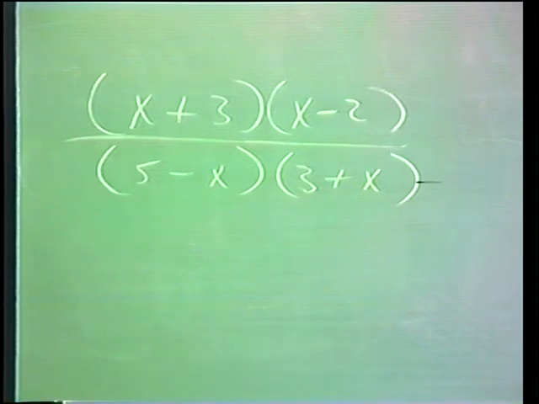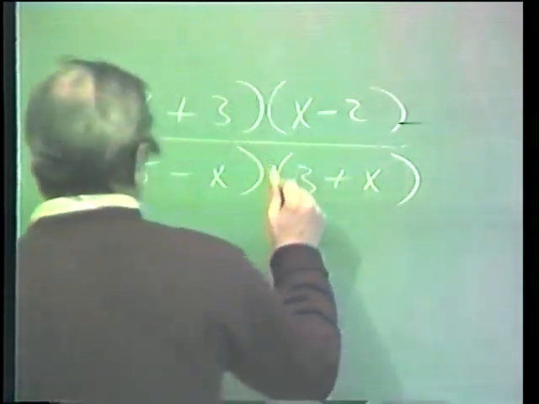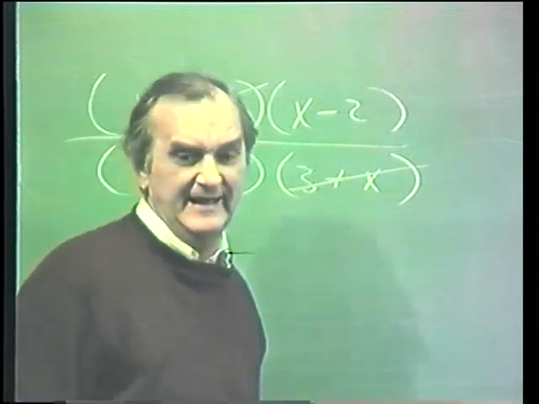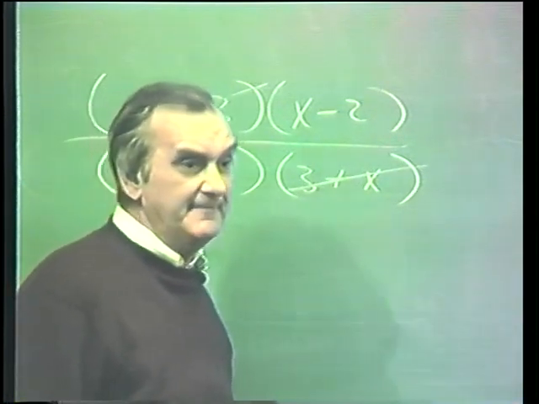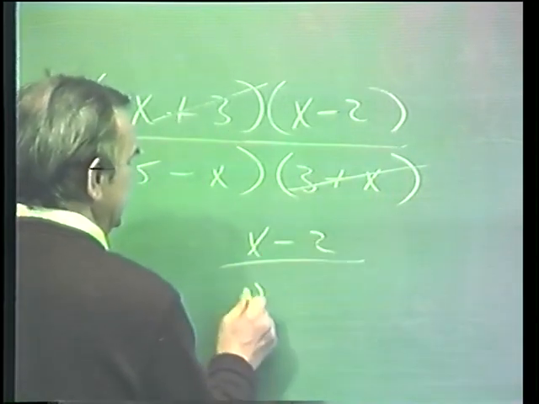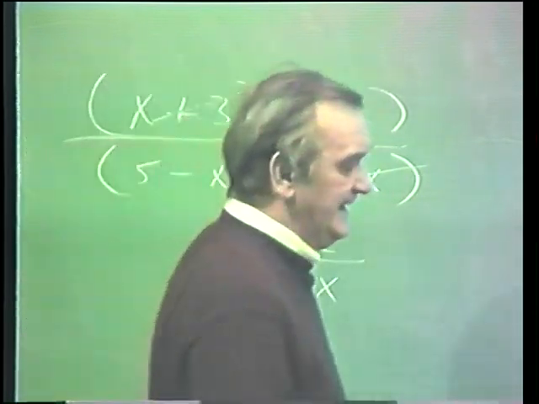That means no matter which order you have them, it gives you the same answer. 3 plus 5 and 5 plus 3 are exactly the same. Likewise, x plus 3 and 3 plus x are the same. Okay? So they go up, and our answer is x minus 2 over 5 minus x.